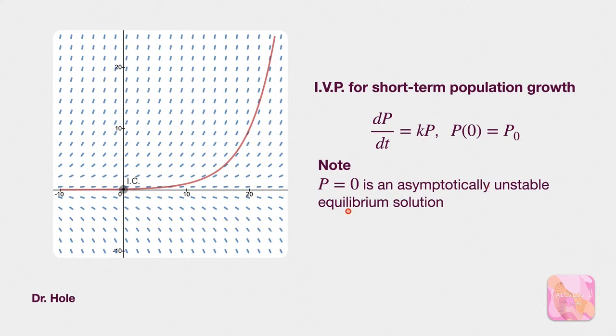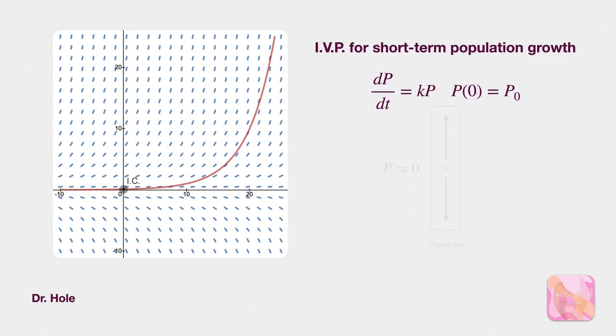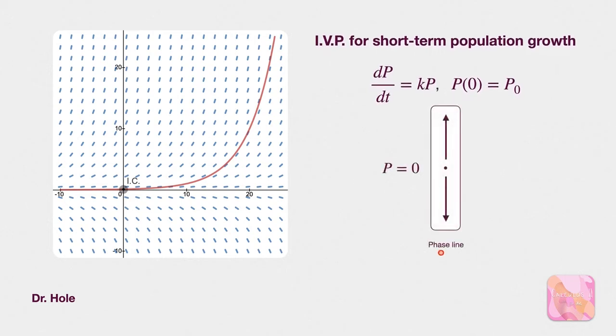Recall that the equilibrium solution is the notion that there's no change in the solution. So dP/dt, the rate of change of the population, being 0, there would be no change in the population. If you start with no population, then you have no population. Now, let's introduce a new idea called a phase line.